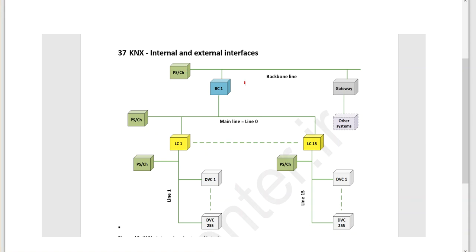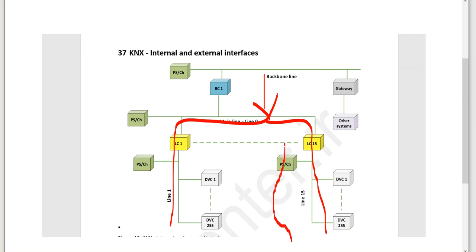You can see, if I put the PC here, the monitoring system, and I want to communicate with each line, it is like this. So there would be no problem for traffic of the data. For example, your monitoring system is coming here.